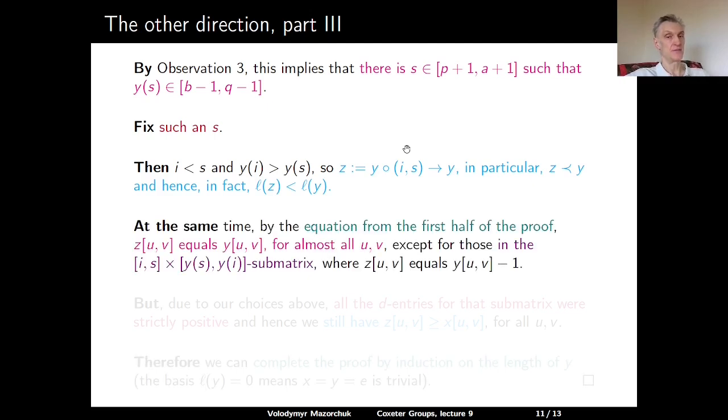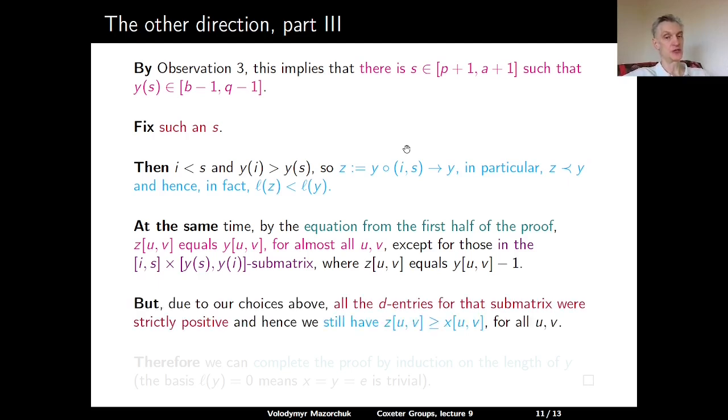At the same time, by the equations from the first half of the proof, z_u,v equals y_u,v for almost all u, v, except for those in the submatrix indexed by i, s times y of s, y of i. And for those entries, z_u,v equals y_u,v minus 1.